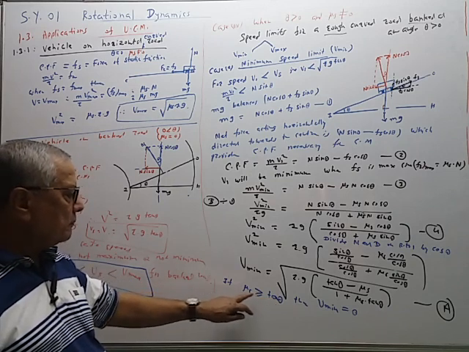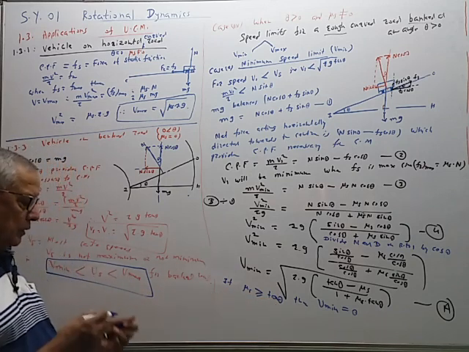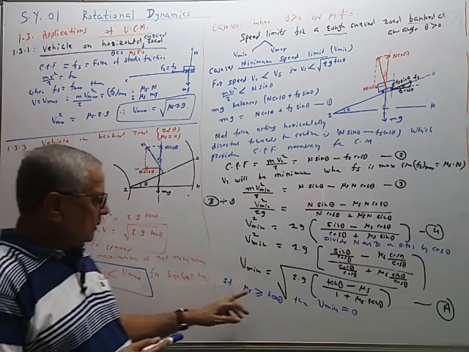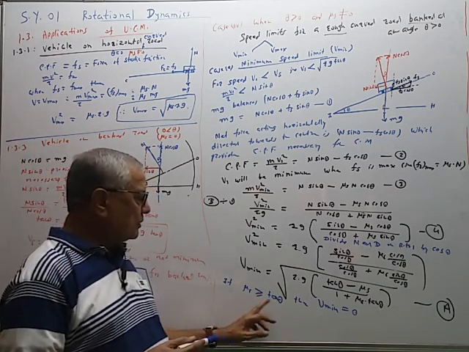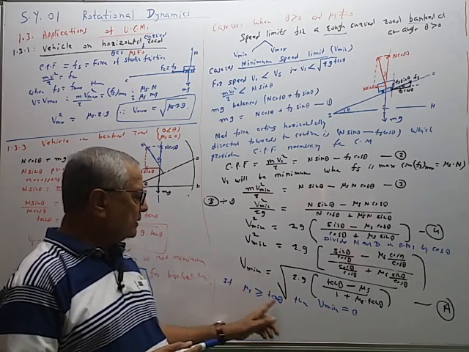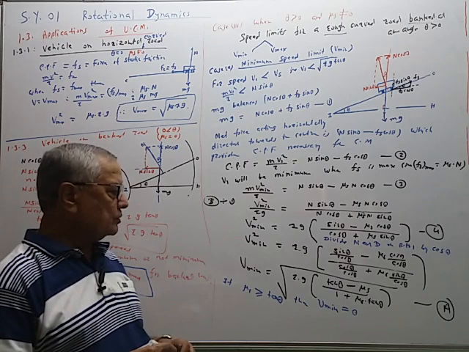Tan theta must be greater than mu s. If it is less than or equal to mu s, the minimum speed is not valid. The minimum speed is calculated when tan theta is greater than mu s.